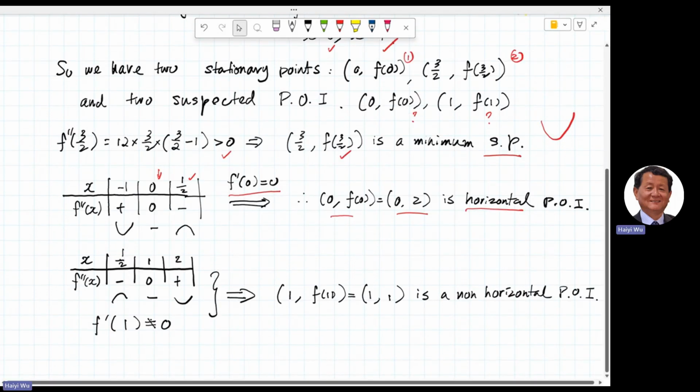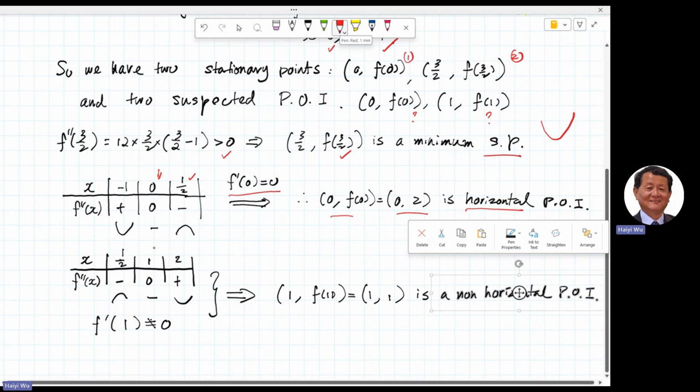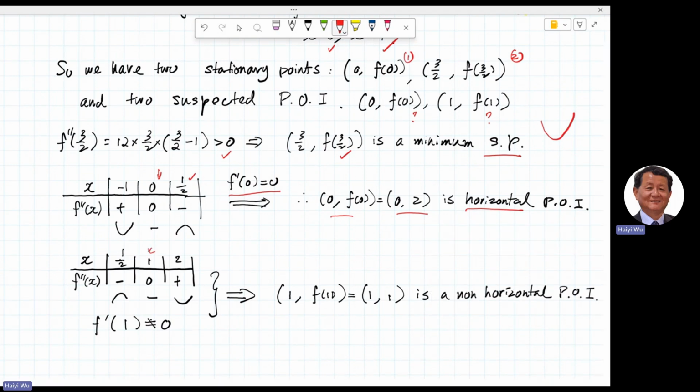The second one, number 2, is x = 1. We try 1/2 on the left and 2 on the right. You can easily observe that 1/2 gives a negative, and when you substitute 2 into the second derivative, you get a positive.